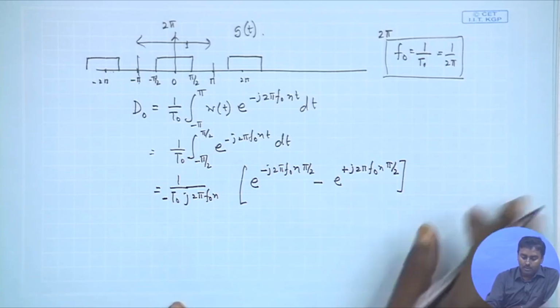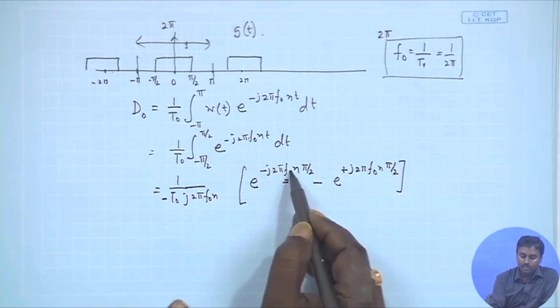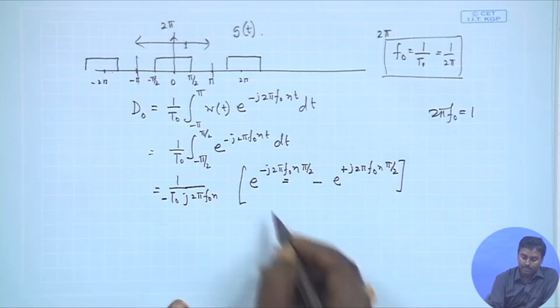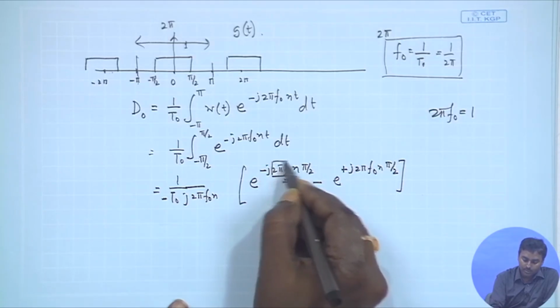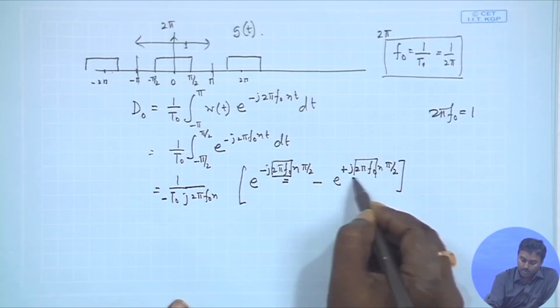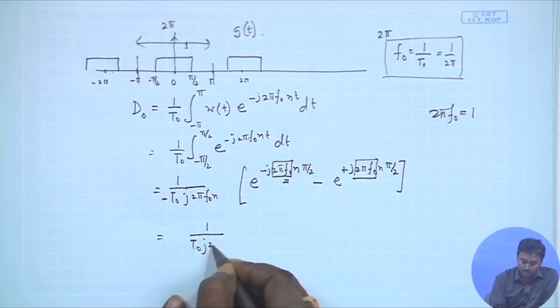Now, you know that f0 is 1 by 2 pi. So this is actually becoming 2 pi f0, that becomes 1. So this entire part you can put as 1. Okay. So 1 by T0.